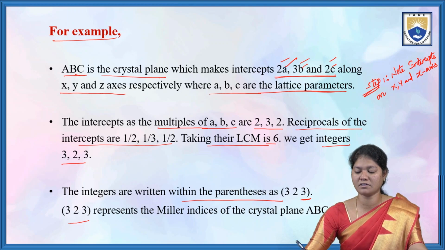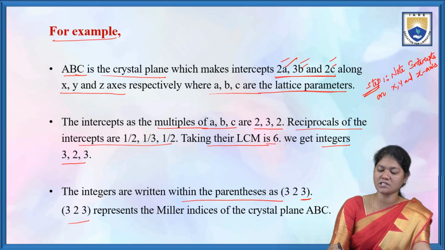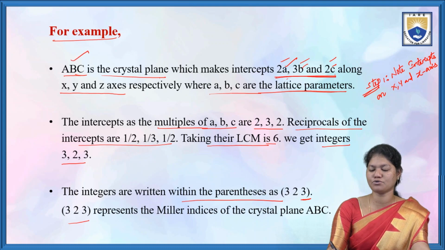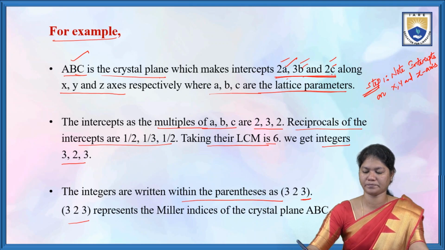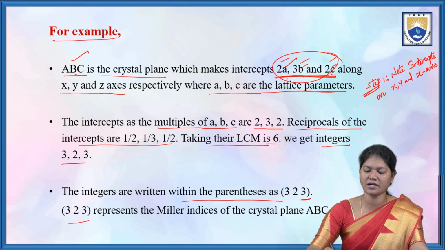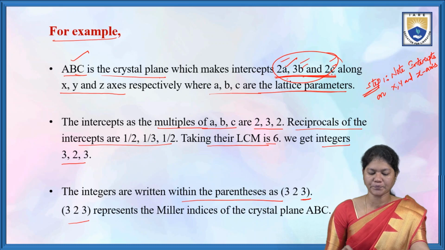This can be written in terms of lattice parameters. That's why, in terms of lattice parameters, the intercepts on the ABC crystal plane are 2A, 3B, 2C. So we have written the intercepts 2A, 3B and 2C here.